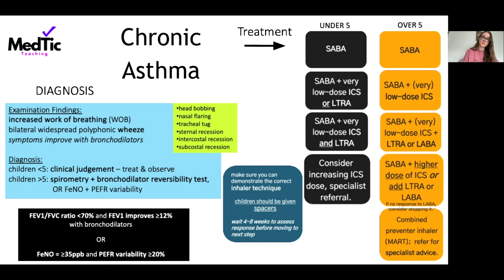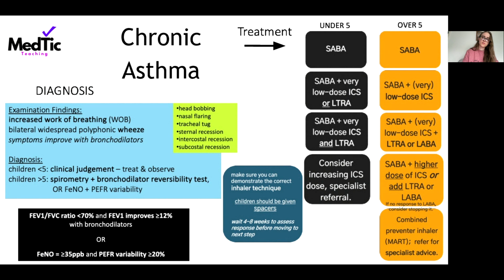In that black box at the bottom, I've put the criteria, so on spirometry, it needs to show obstruction that is reversible. Okay. If you do decide to give a child an inhaler, it's important that they have the correct inhaler technique and that they're given a spacer. And if it doesn't seem to be working, you wait 4 to 8 weeks before you move up the ladder.